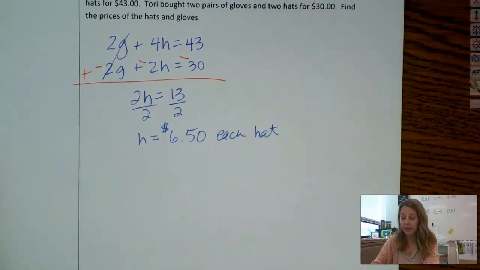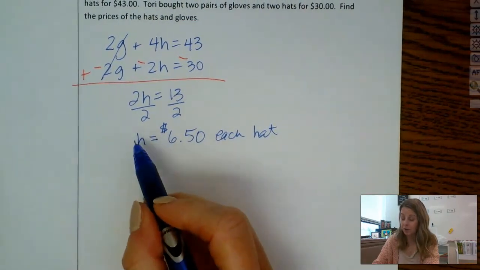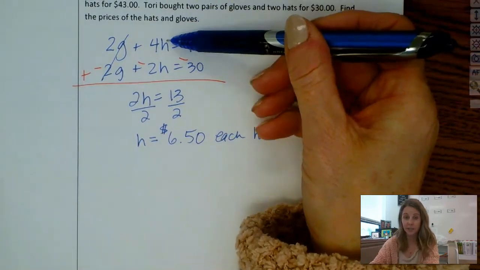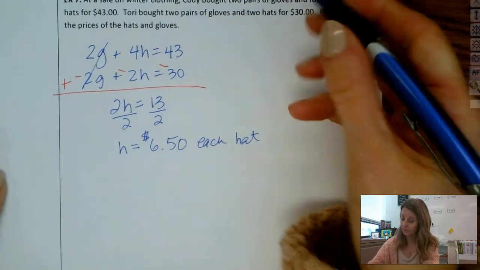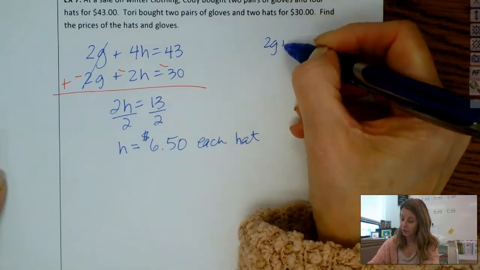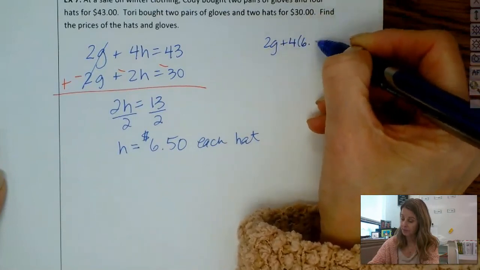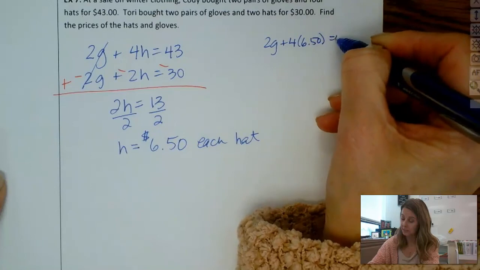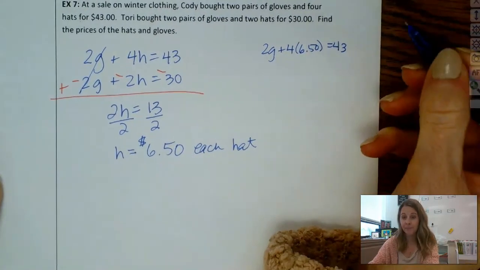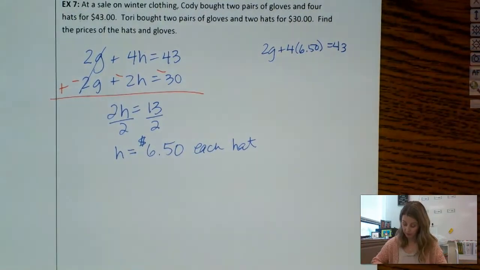Okay, let's plug that in for H and figure out G. So I'm just going to go up here to the top and plug in 6.50 here. So 2G plus 4 times 6.50 equals 43. So 4 times 6.50 is 26.